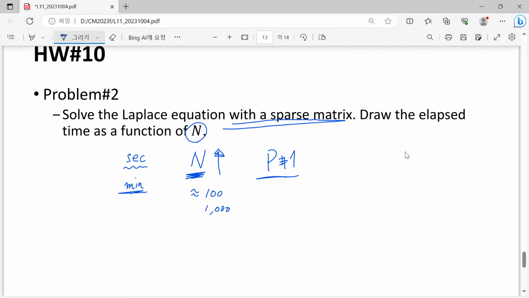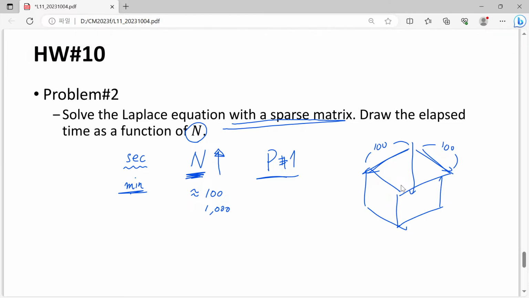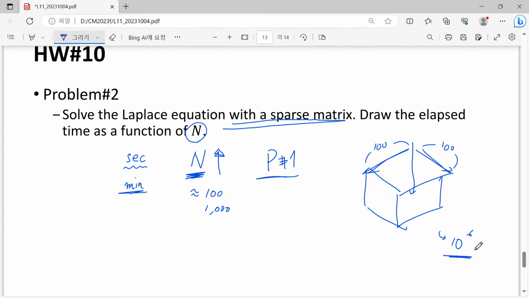Simply speaking, let's consider a cube. Now you introduce 100 points along the x direction and 100 points for the y direction and another 100 points for the z direction. Then what happens? Inside this small cube, you will have 1 million mesh points.